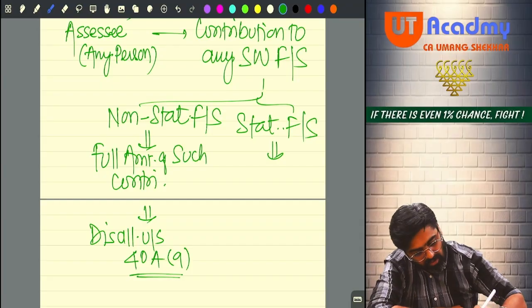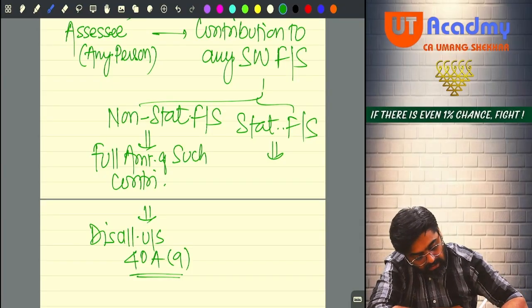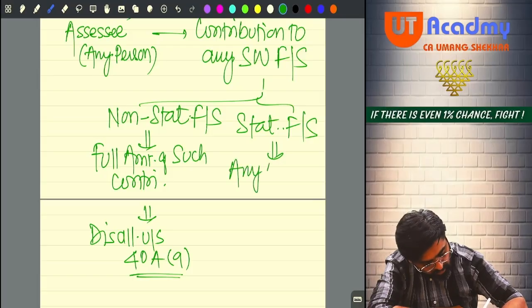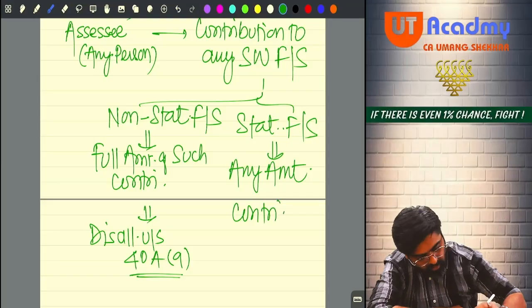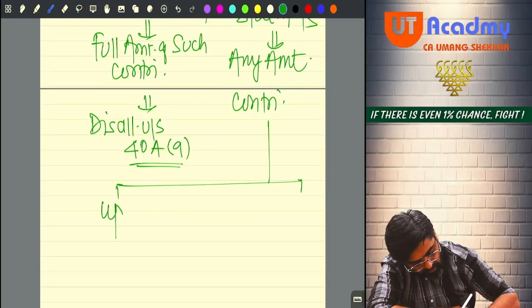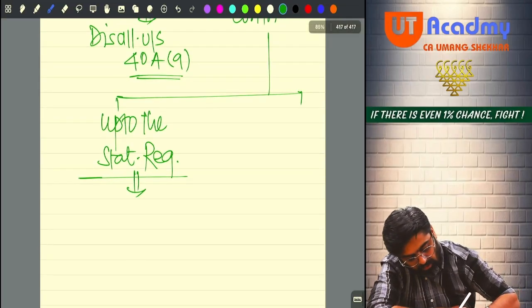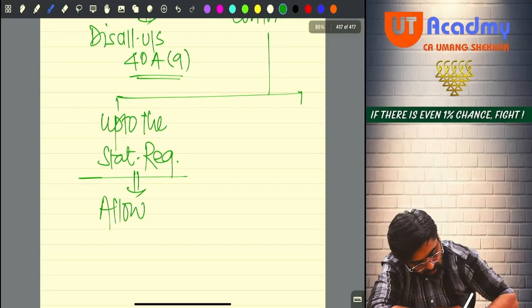Yes or no? So for any statutory fund or scheme for the benefit of my employee, any amount contributed up to the statutory requirement will be allowed.